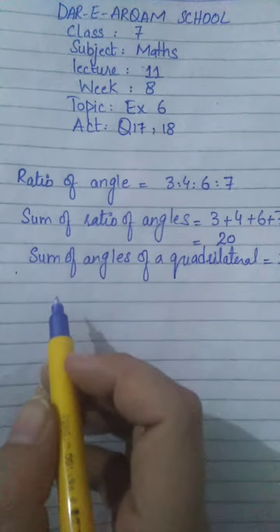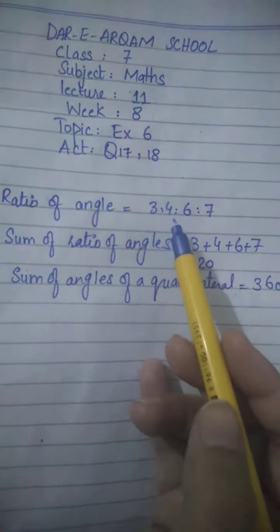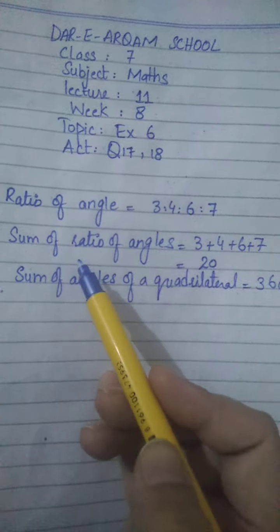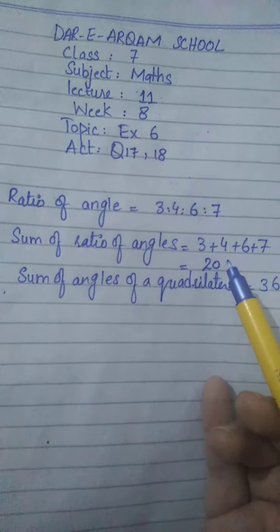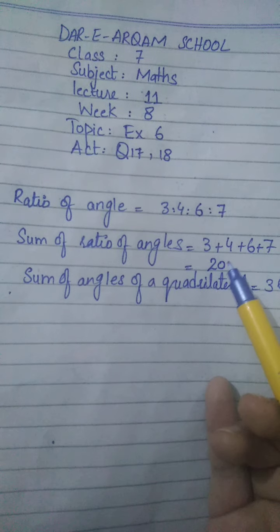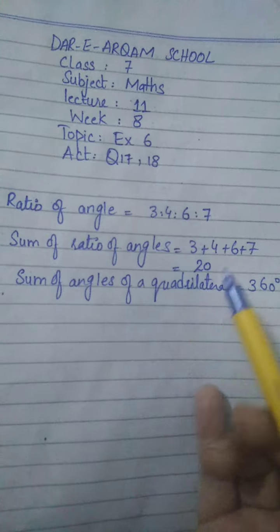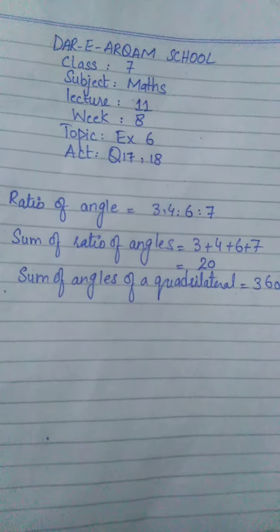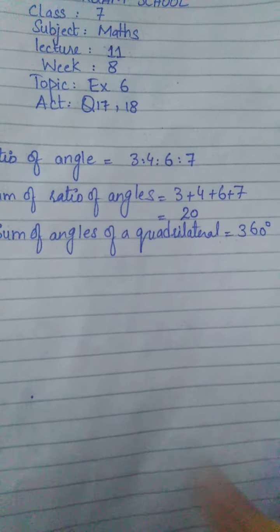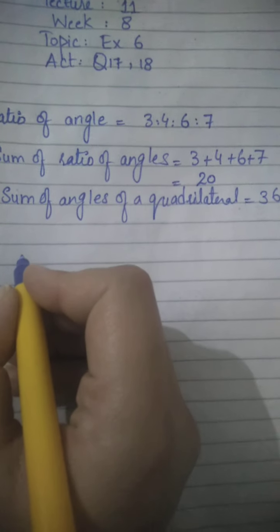So in this question, they have given us the ratio of four angles, and I have found the sum of the ratios. Then, as we know it is a quadrilateral, the sum of all angles is 360 degrees. So we have to find the measure of the first angle, second angle, third and fourth.